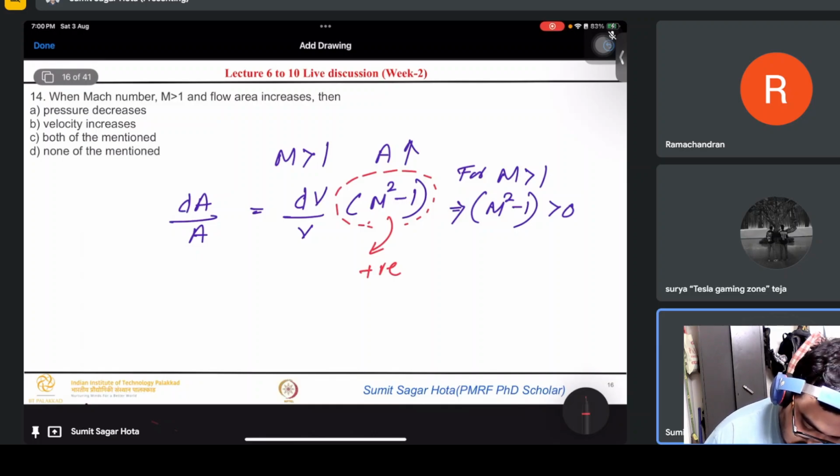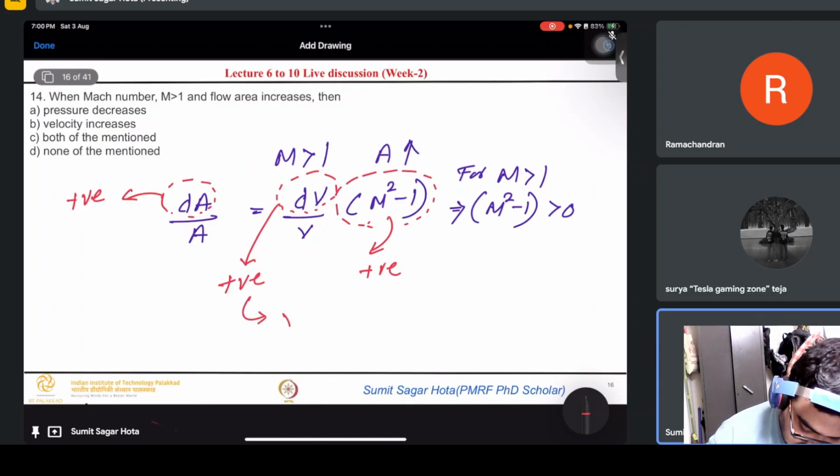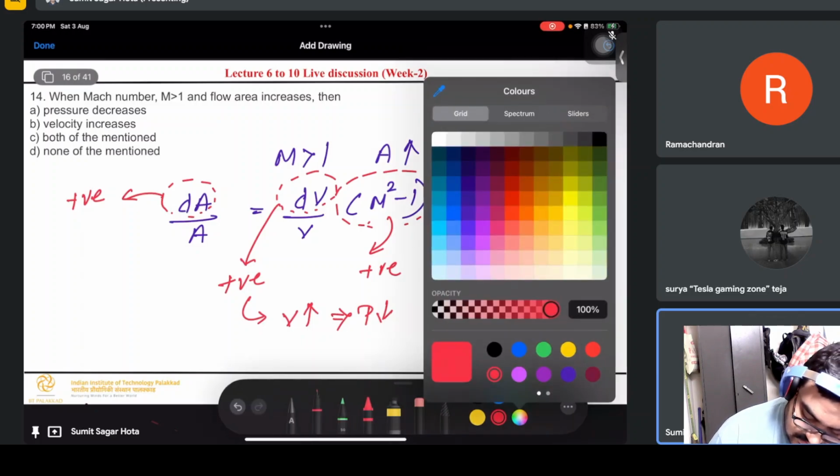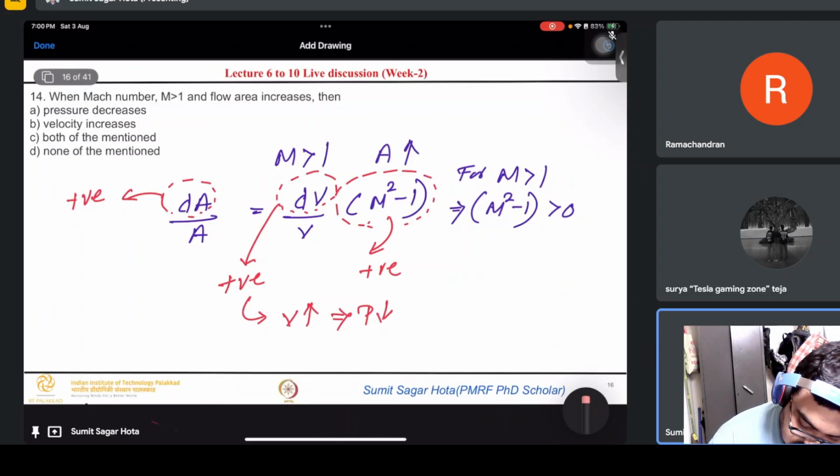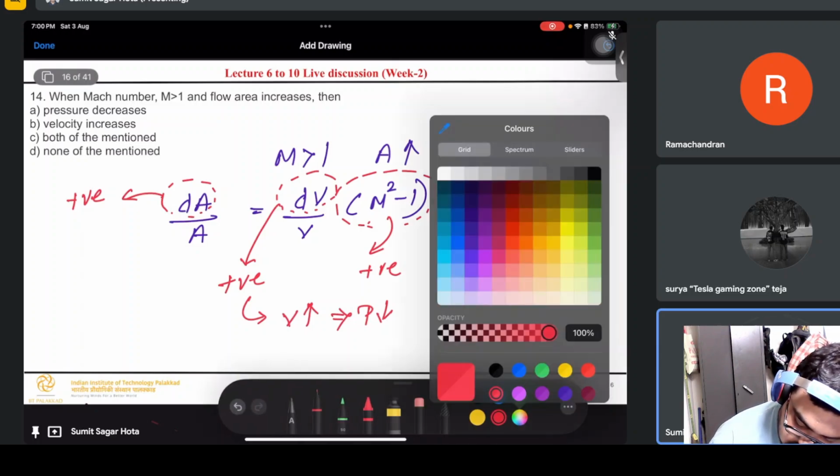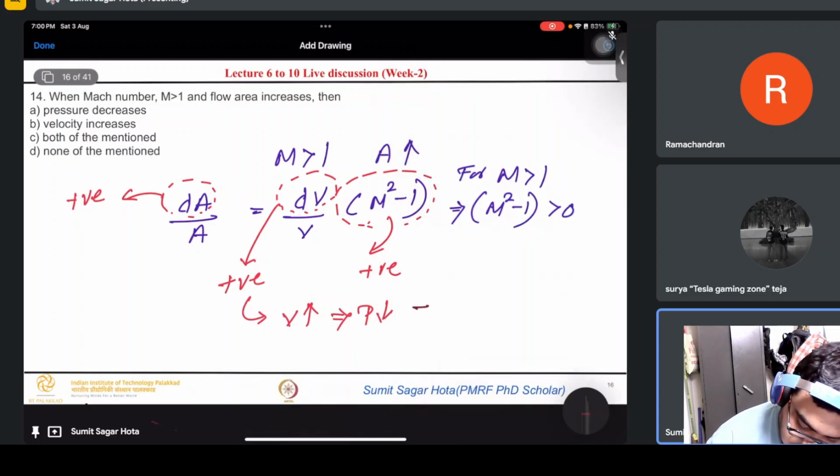Now the area is increasing, so that is also positive. Both are already positive, so no need to worry. You just multiply with positive, so the left and right will be the same. So this is also going to be positive, which means velocity will increase, which leads to a decrease in pressure. Velocity increasing leads to which type of device? It's going to be a nozzle.